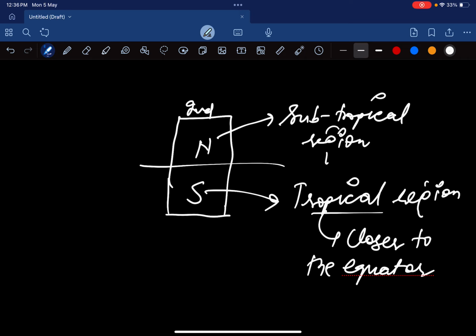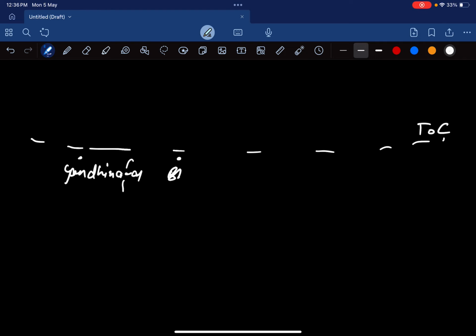No, just before ending, I'll just try to make my own questions. For instance, let's look at the Tropic of Cancer. We'll write it down as Tropic of Cancer. So the Gujarat's Gandhinagar is below, right? Bhopal is below, MP's capital, right?